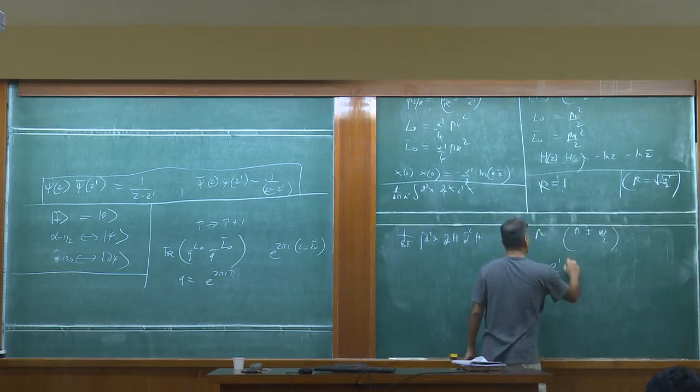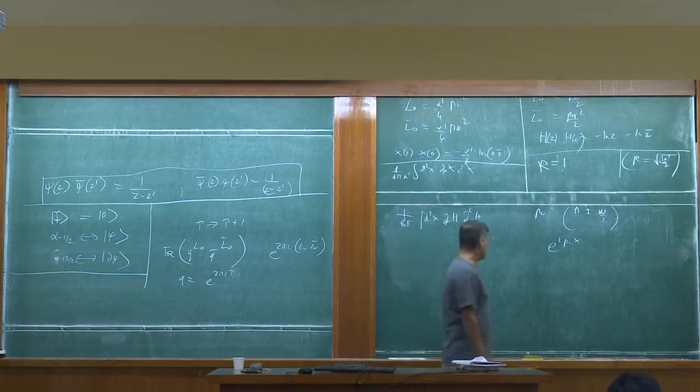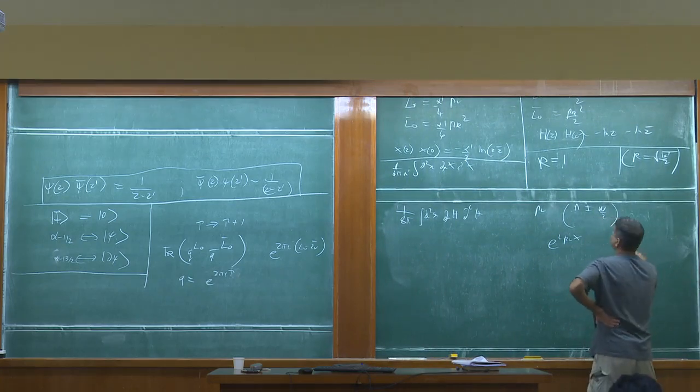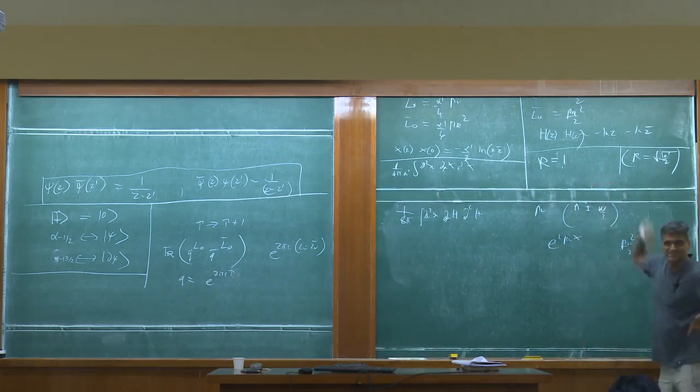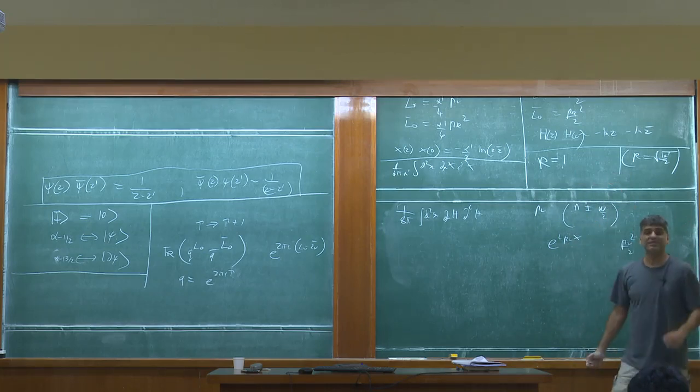Suppose we looked at the operators e^{iP_L X}. Then these operators have scaling dimension P_L²/2. Let's take the value n equal to 1, w equal to 0.